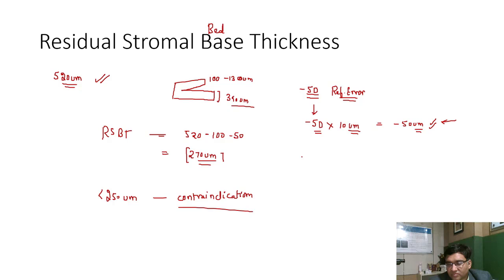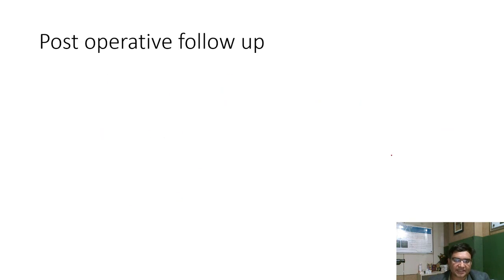Okay, so if the RSBT is less than 250 micrometer, why can it be? Because if either there is a thin cornea or there is a high refractive error, you cannot do a LASIK surgery in these patients. Okay, so this is called RSBT or residual stromal bed thickness.